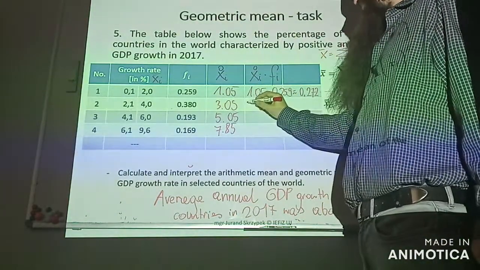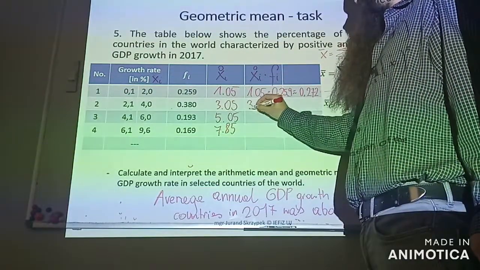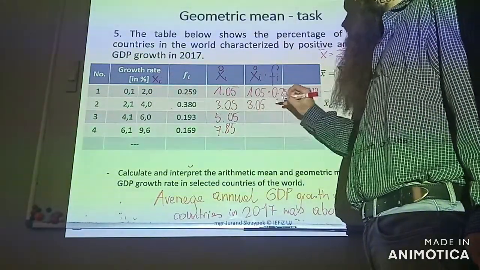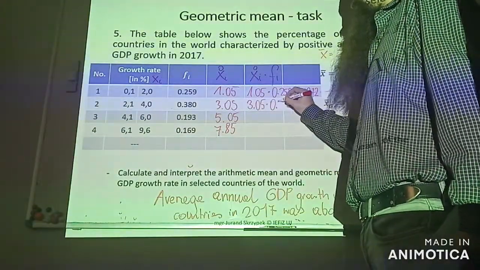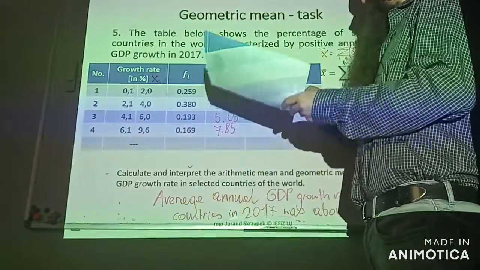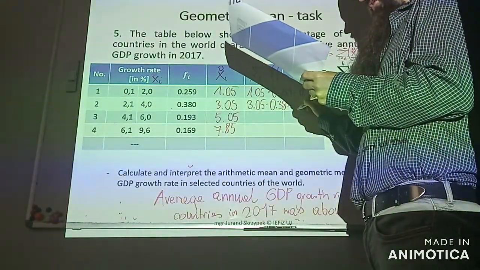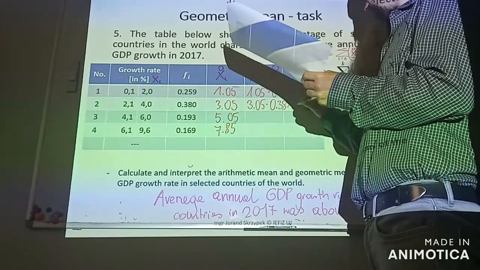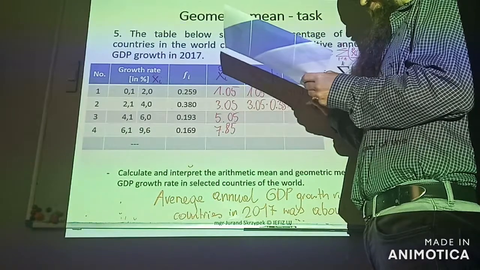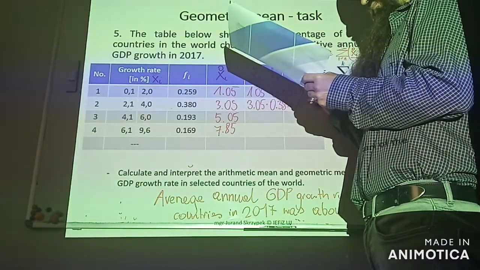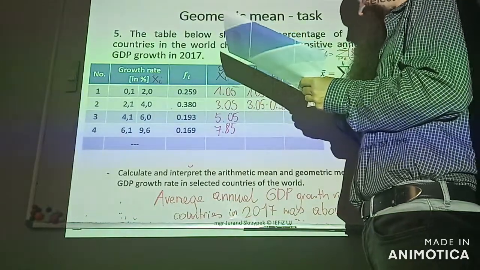In the next row, here we have the product of 3.05 multiplied by 0.38, and the result is 1.159.